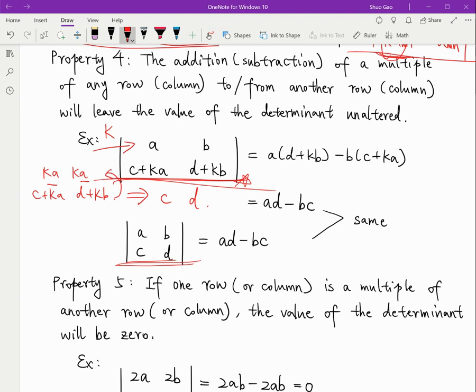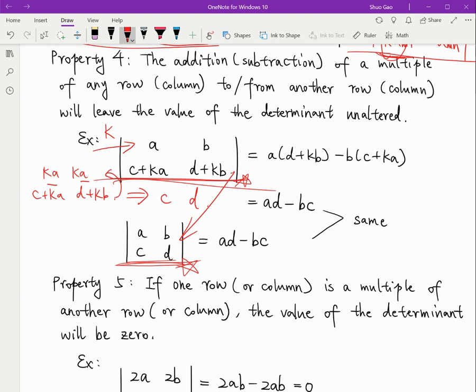The determinant of this matrix is just the determinant of A, B, C, and D. Because from the complex matrix to the simplified matrix, we can multiply K times the first row and then subtract it from the second row, and get this simplified version of the determinant. And these two determinants are the same.